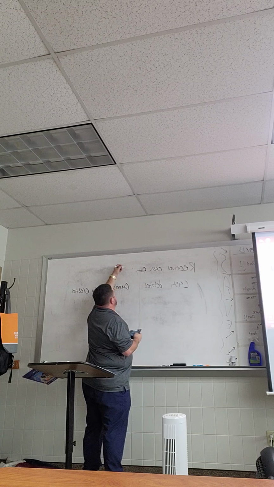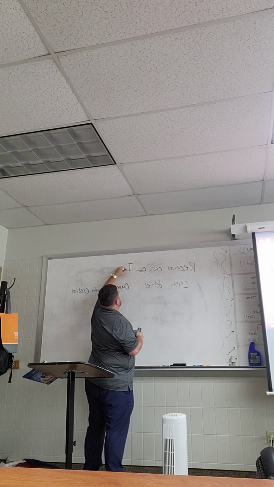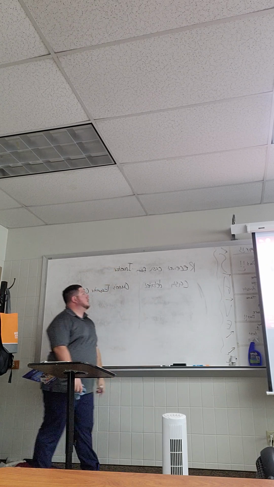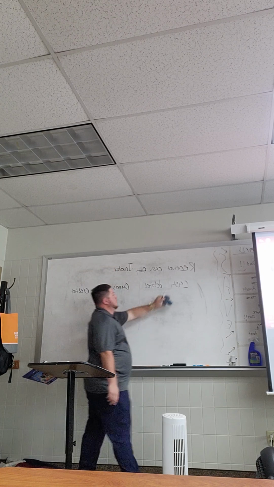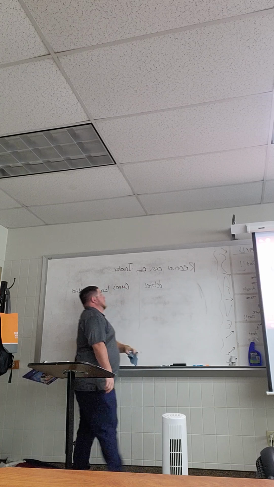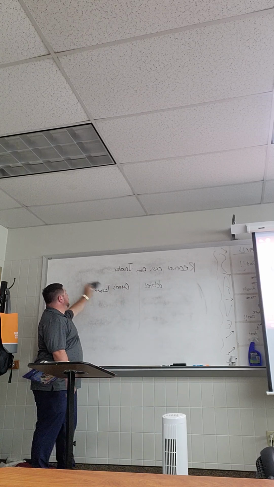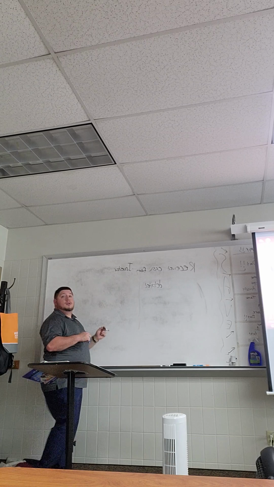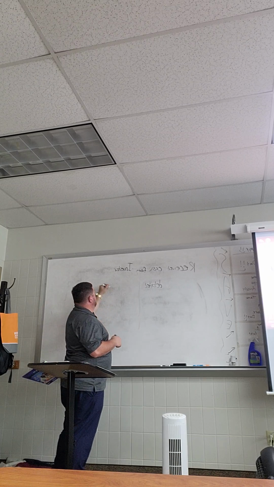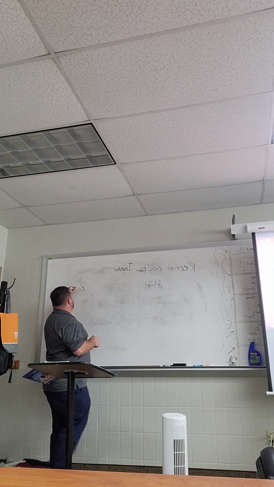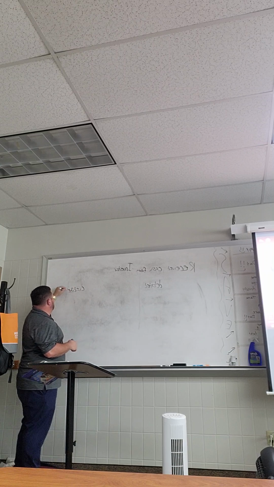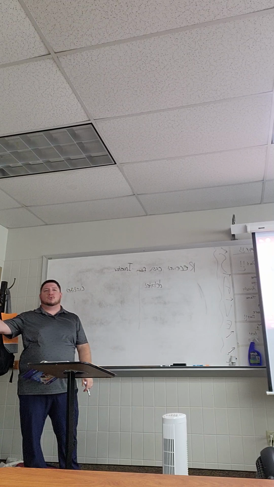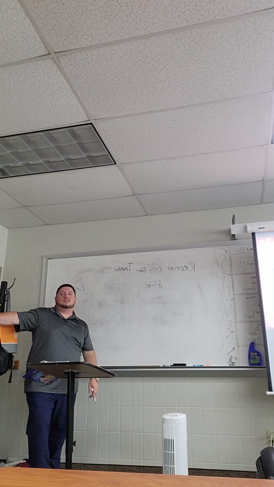Received cash from investor. What do we think is going to be debited and credited? Which two parts of the accounting equation were affected when we received cash from the investor?